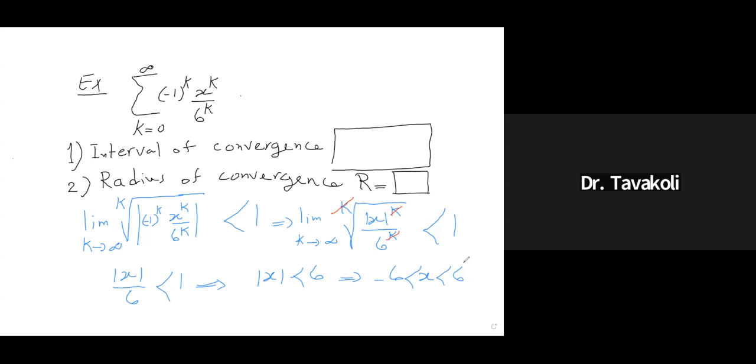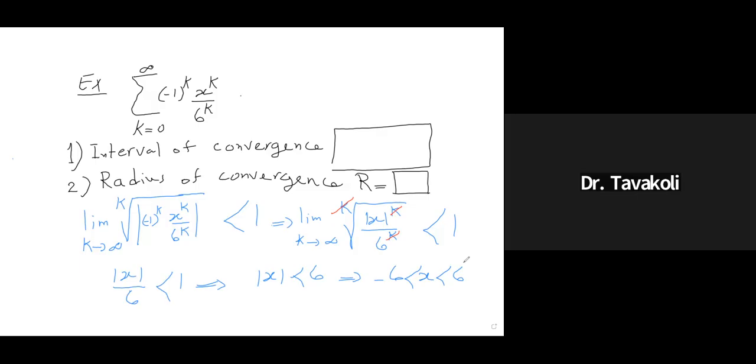x cannot be equal to these two because if you replace x by -6 and 6 in the original problem, you can easily see that the limit of the general term doesn't tend to 0, so you don't get a convergent series. So -6 and 6 are not included.